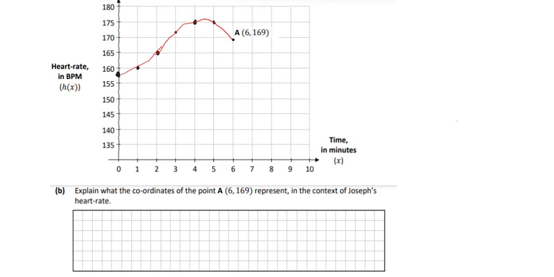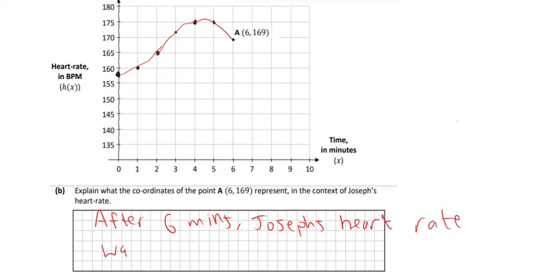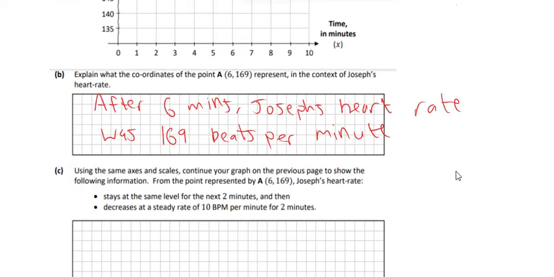So after 6 minutes, Joseph's heart rate was 169 beats per minute. That's what it means in the context of his heart rate.